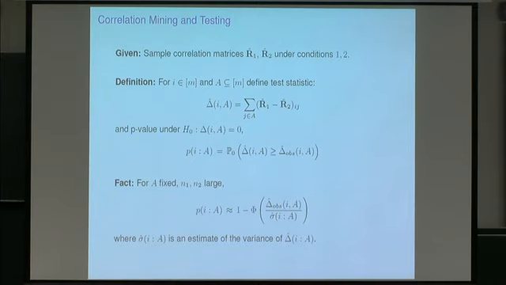So, our approach is testing based. I'll explain how it works in a minute, but the first thing we want to do is to ask, if I have an observed value of this difference, and I regard the quantity I've defined up there as the stochastic version, the random thing, then I can form a p-value in the usual way.